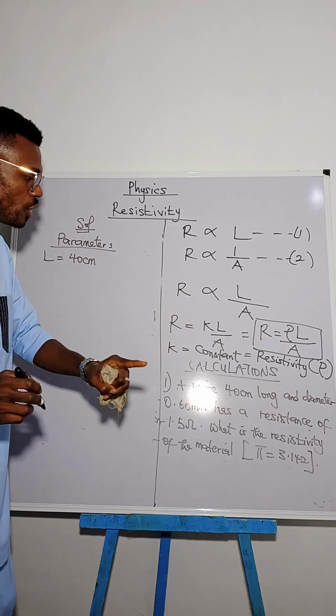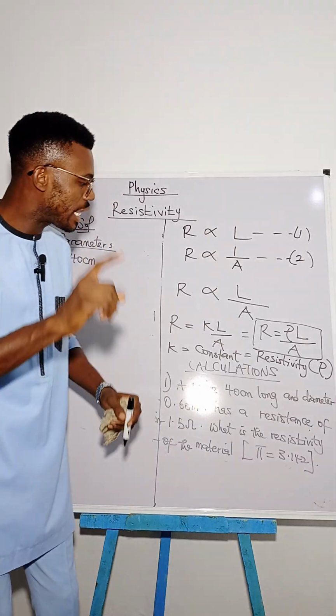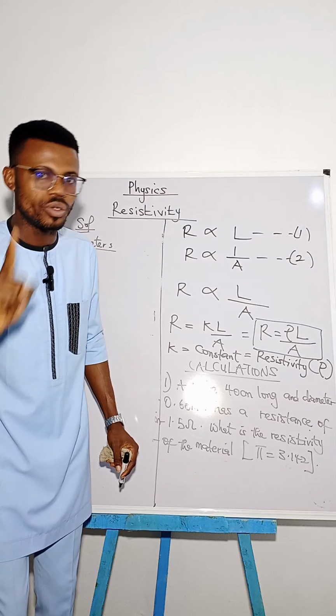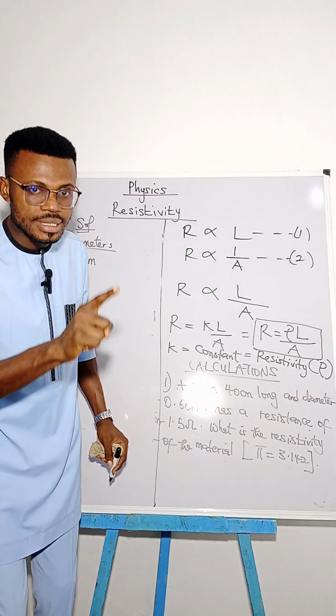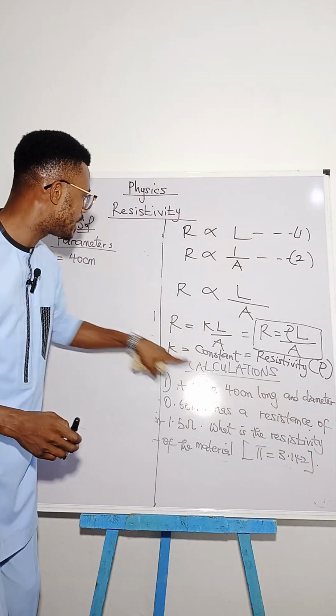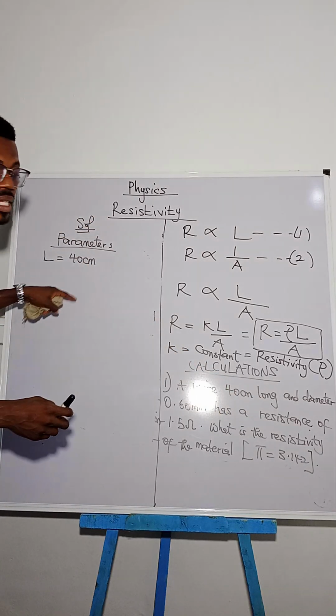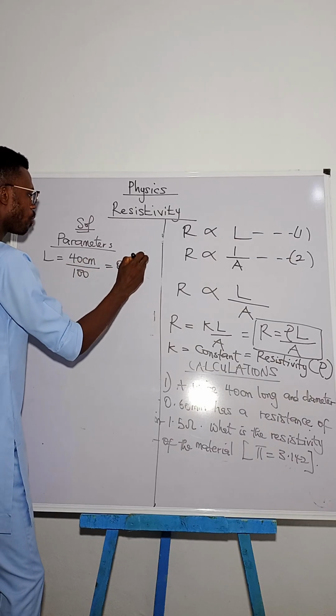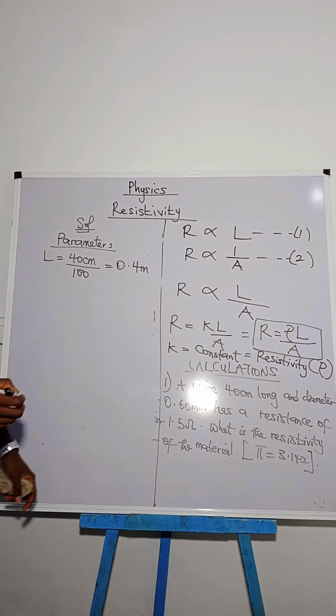But the SI unit of length is meter. Take note, when calculating, your answers should be in the appropriate SI unit, the International System of Units. The SI unit for length is meter, not centimeter. So how do I convert centimeter to meter? I divide by 100. That gives me 0.4 meter.